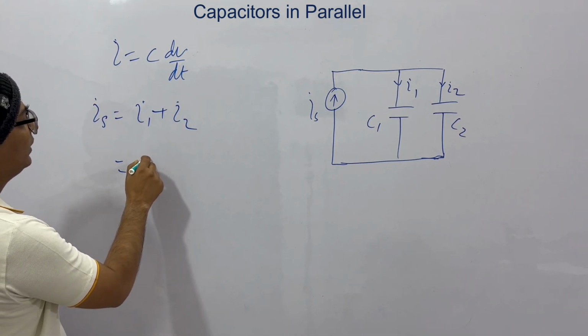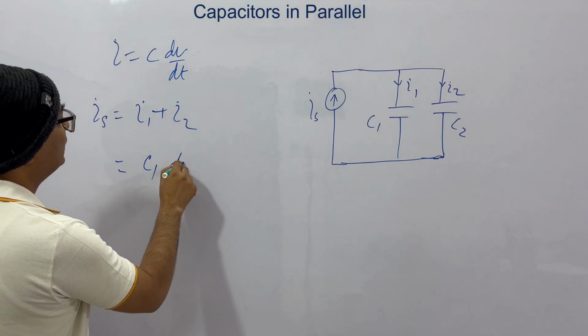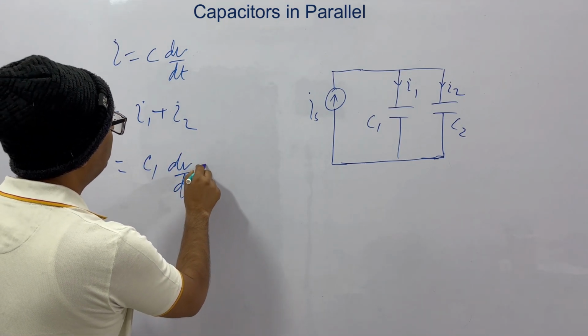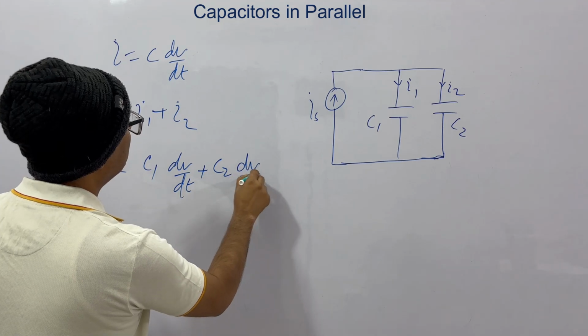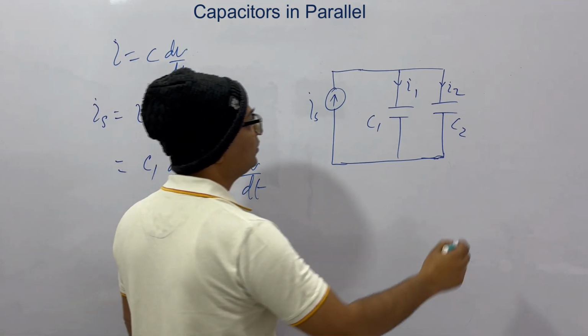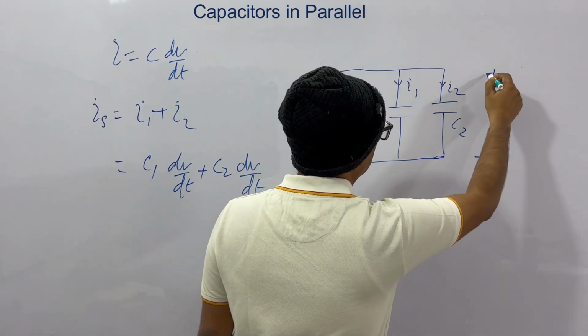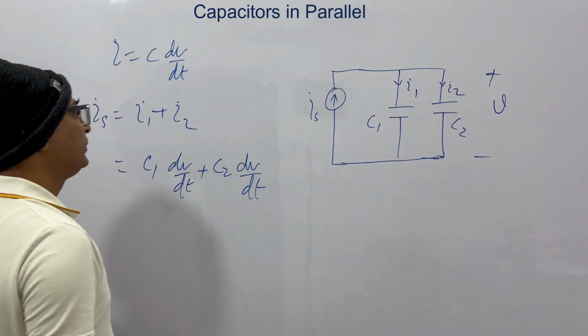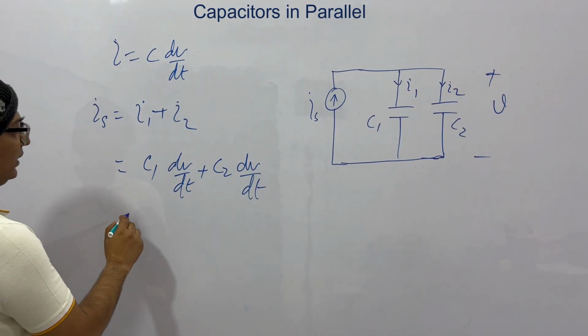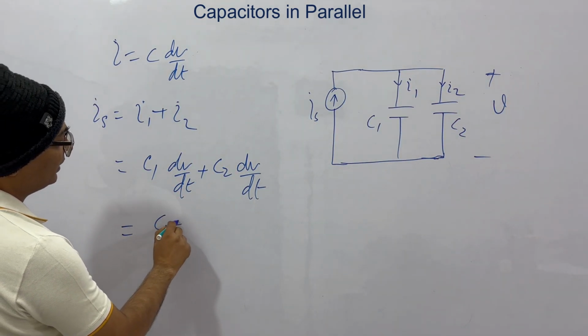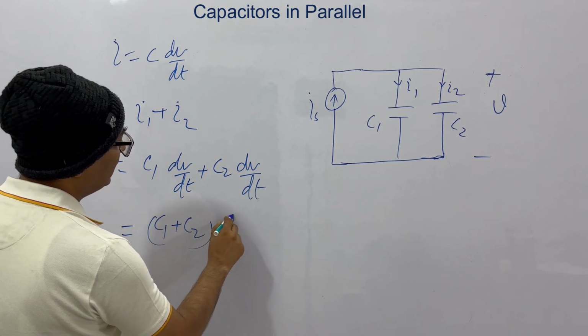And I1 is C1 dV by dt, plus C2 dV by dt for I2. Why the same voltage? Because the voltage is the same across all of these. From here we get C1 plus C2 times dV by dt.